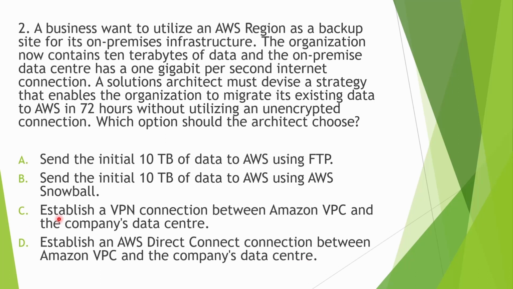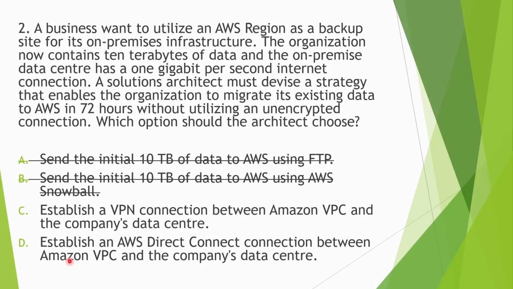So coming to the third option, establish a VPN connection between Amazon VPC and the company's data center can be the answer. Establish an AWS Direct Connect connection between Amazon VPC and company's data center. So now C and D both can be the answers, but before choosing one, understand that we have a time bound of 72 hours, and we have to use an encrypted channel.